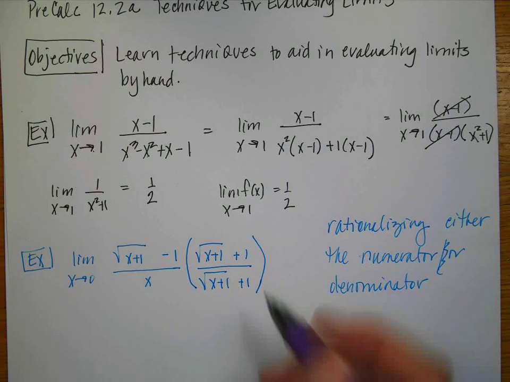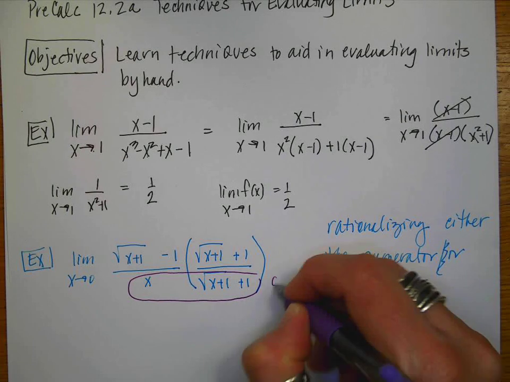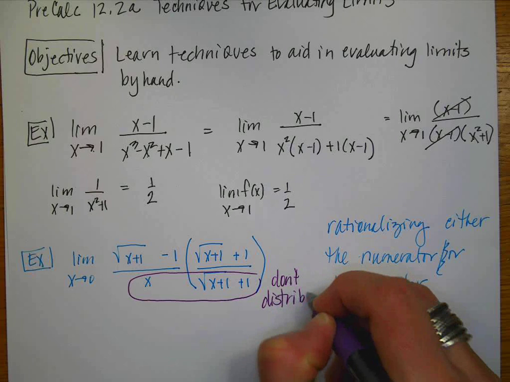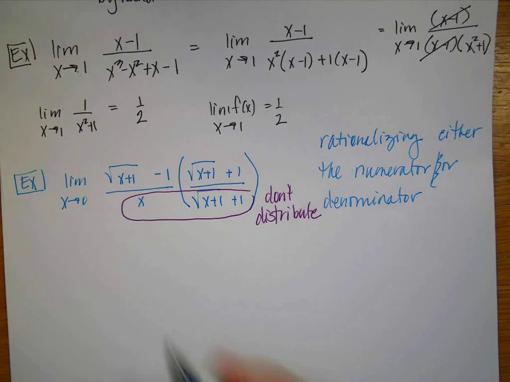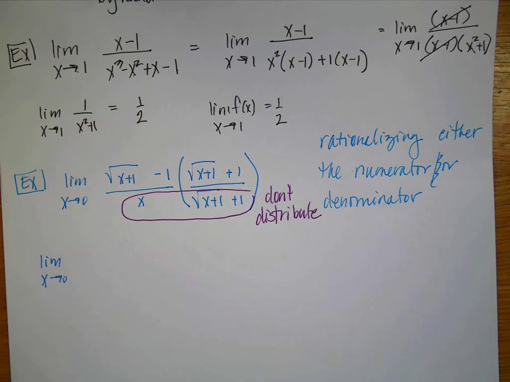The one thing that I will tell you is do not distribute on the bottom, because the goal is to get rid of some factors, and if you distribute, then you're not going to be able to get rid of factors. So don't distribute on the bottom, and then let's see if we can make this look better. Here's the limit as x approaches 0.